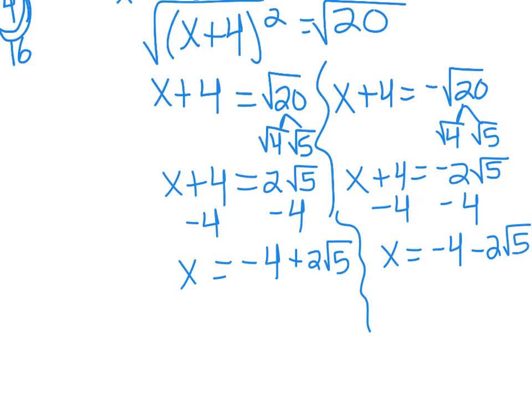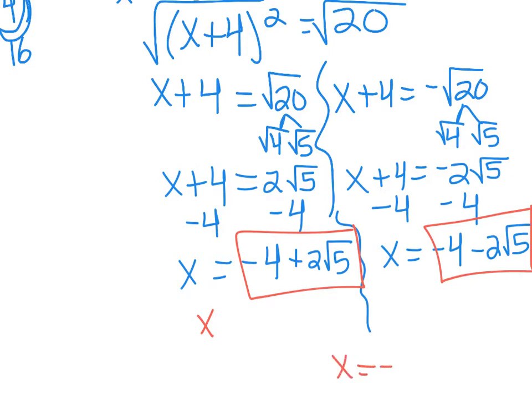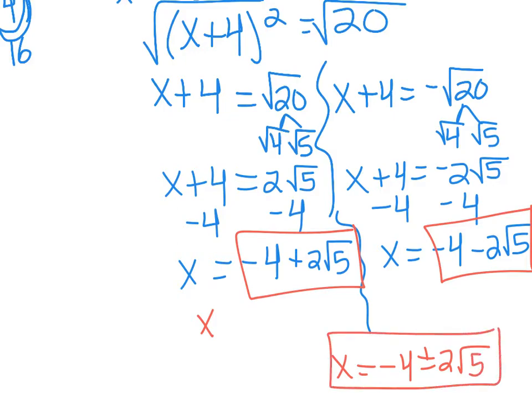The directions say to find the exact roots and round to the nearest tenth. This right here is an exact root, as well as this one. Basically, simplifying the radical will give you an exact root. So my exact roots are x equals negative 4 plus or minus 2 square root of 5. I combine them, or you could write them separately like I boxed right above.